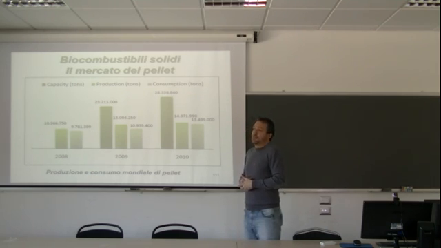So the pellet derives only from forestries, but if you have the wood industrial sector where we have a lot of sawdust, which is a waste for you, you transform waste into a product.